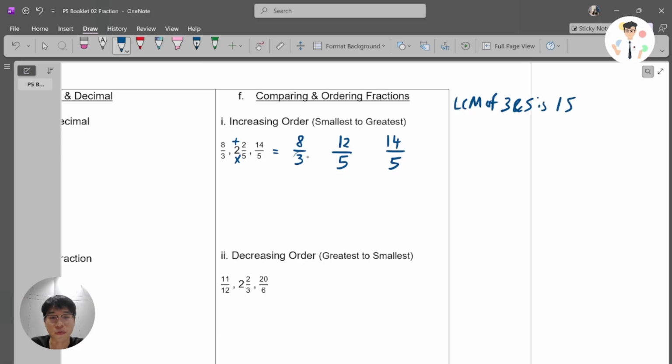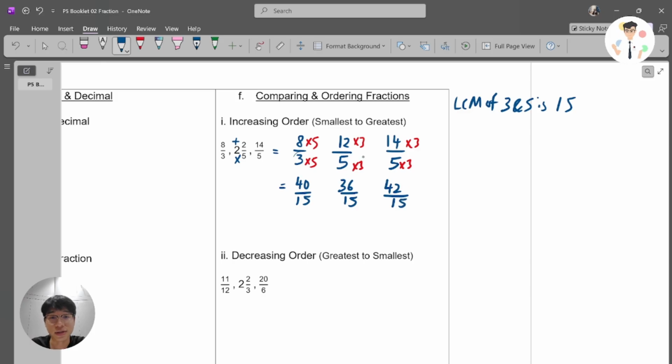So we convert and make the denominators all 15. I multiply by 5, by 5, by 3, and by 3, and that will become 40 over 15, 36 over 15, and this one will be 42 over 15.